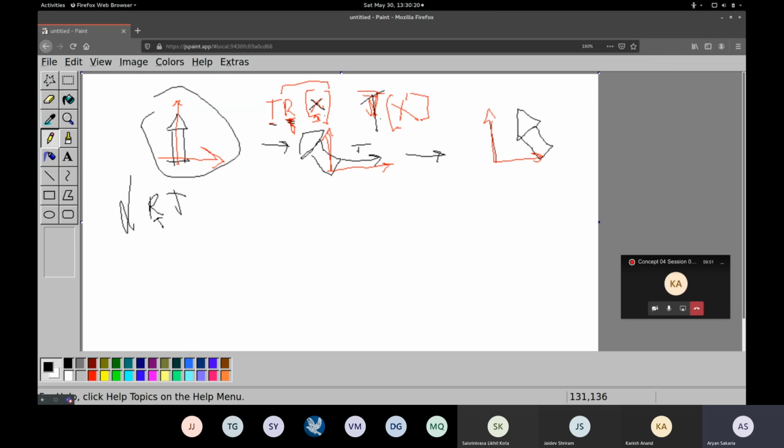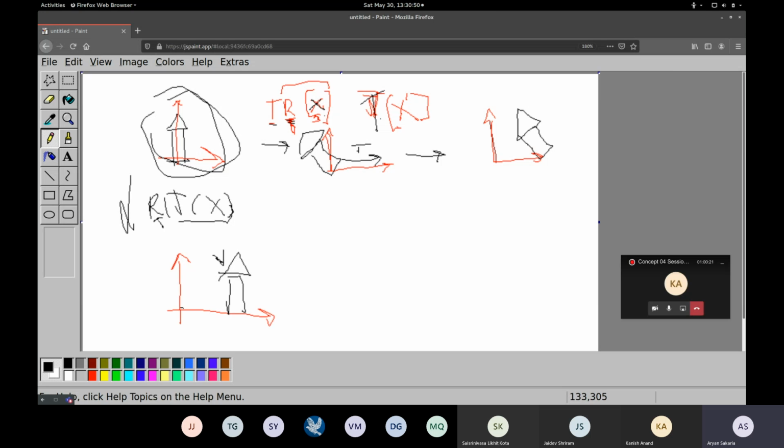So when I multiply this original thing by T, I'm just going to get a translated thing over here. Is that cool? So I've multiplied my set of points with T, and I get this translated thing over here.